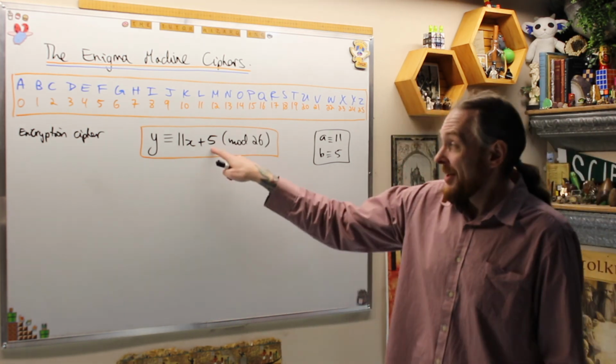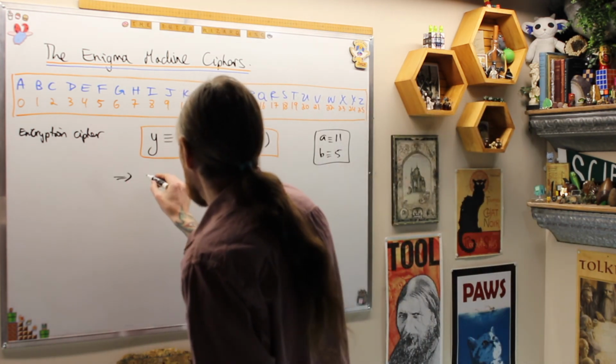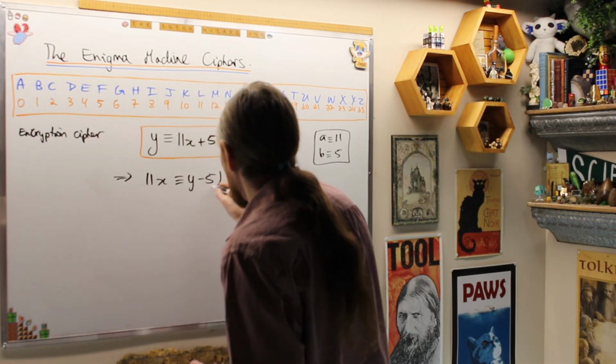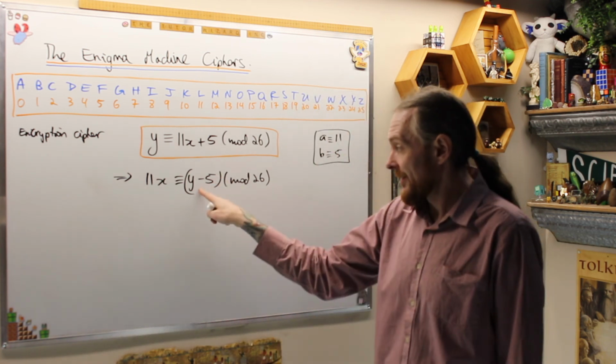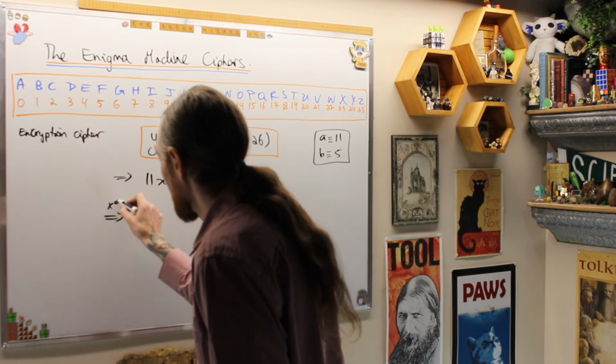Therefore, one more time, solving for X in this equation, this is 11X is congruent to Y minus 5 mod 26. I flipped it and subtracted 5 from both sides. Now to cancel this, I can multiply by 19.